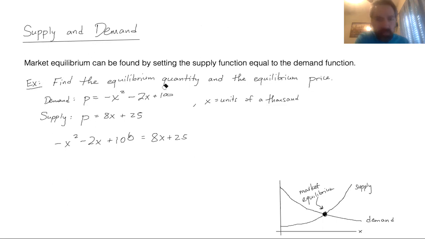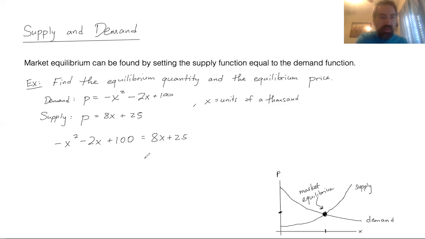All right, so what we're saying here is that we're forcing the price to be the same. Right, this is the p-axis, for the price. We're saying that this price is the same for both supply and demand function. And when we solve for x, we'll find this point here.